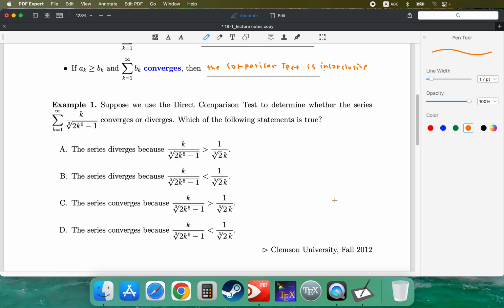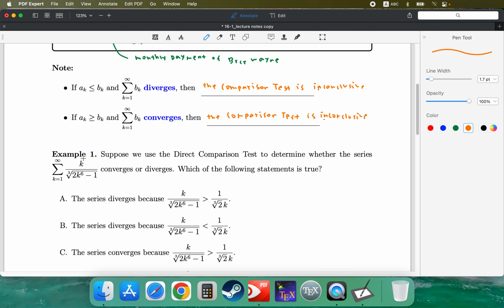As long as you use the comparison test, you need to pick a series to compare with. Just like here, you need to pick a guy to compare with. Notice that this is the series from the problem, so this is unknown. So we will pick a series which we know to compare with.